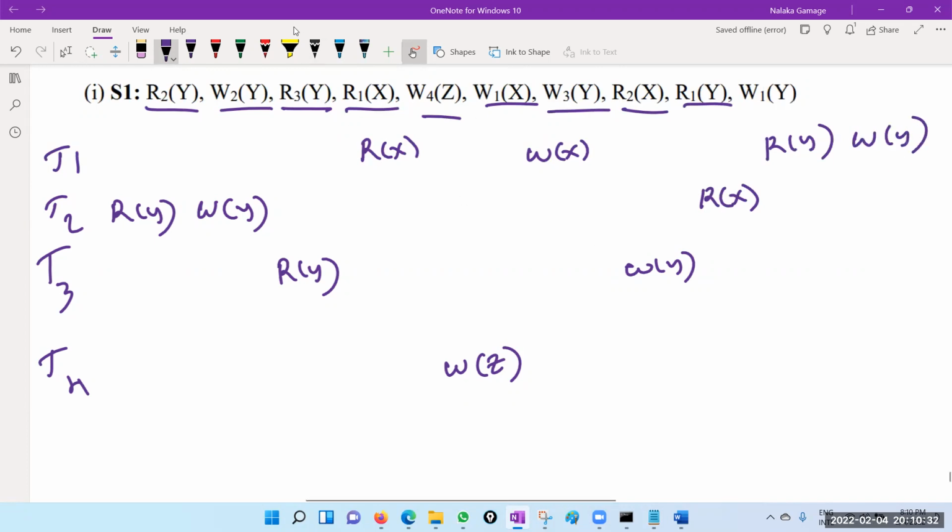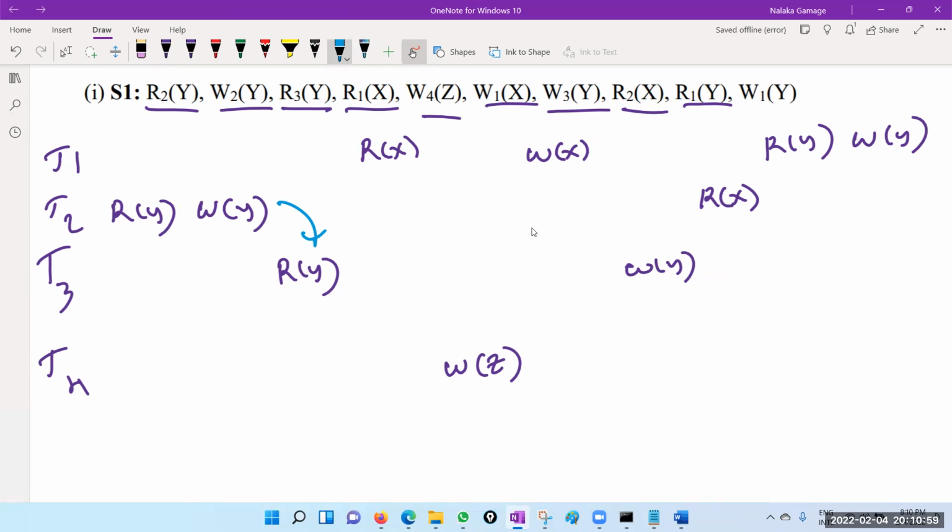Now let's see this. Read, write, same table, same transaction. Write and read, conflict is there, possible conflict. Then next, first time it is used; this is within the same transaction, no issue. Anyway, there's a conflict, but we have already mentioned it, T2 to T3.